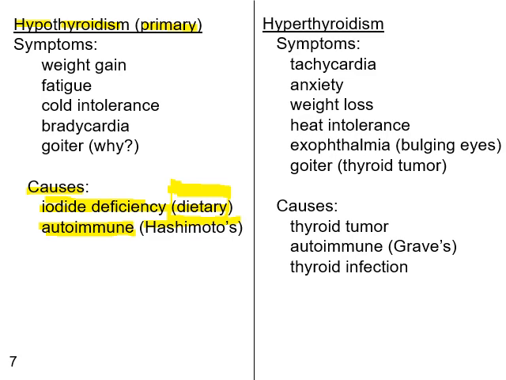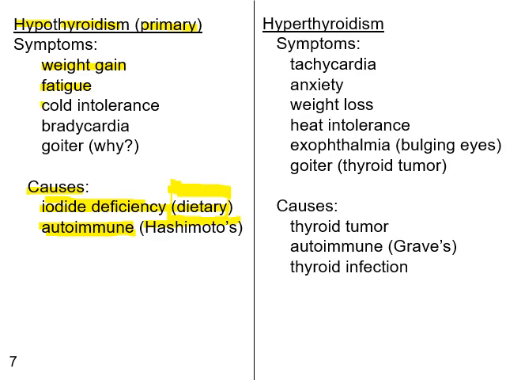What are some of the symptoms of primary hypothyroidism? Well, think about what would happen if you didn't have enough of the thyroid hormone that was stimulating metabolism and growth and things like that. So low metabolism can lead to a gain in weight, because your appetite might not be changed, but your metabolism is low, and so weight is gained. The calories you eat go into fat. Fatigue, low metabolism, a sense of weakness and fatigue.